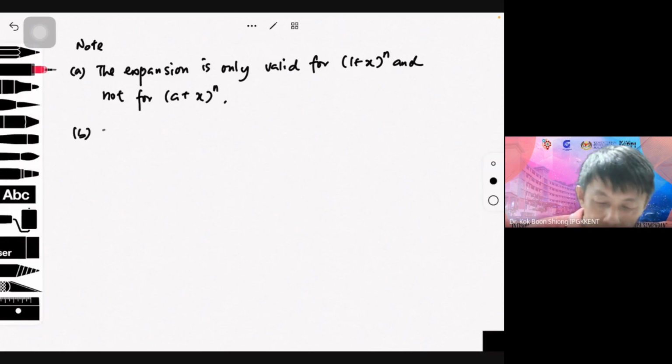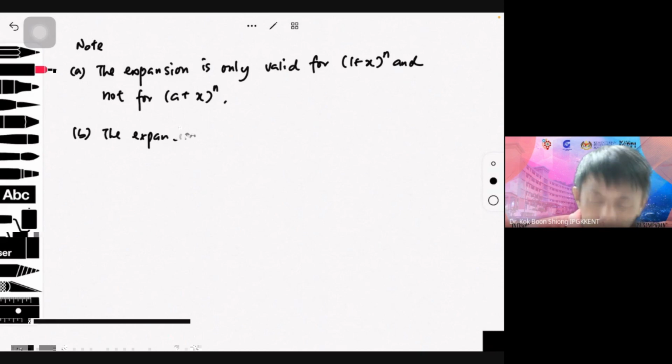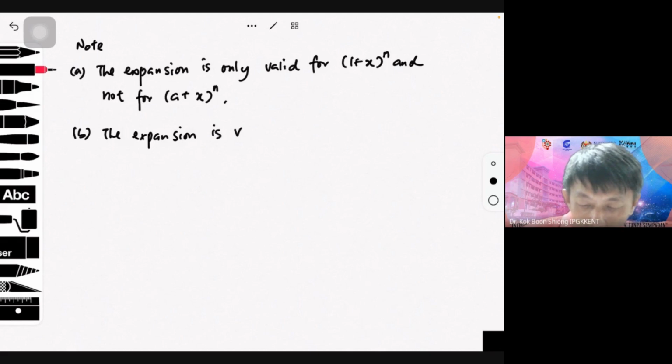Second, the expansion is valid for a restricted range.